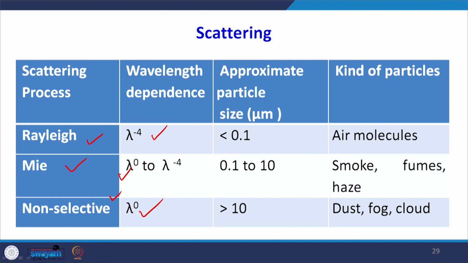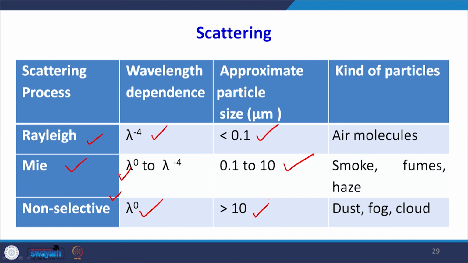Non-selective scattering is independent of the wavelength. And what is the size of the particle? For Mie scattering it may be 1/10 to 10 times the wavelength, and for non-selective scattering it will be 10 times or more than the wavelength which we are using.